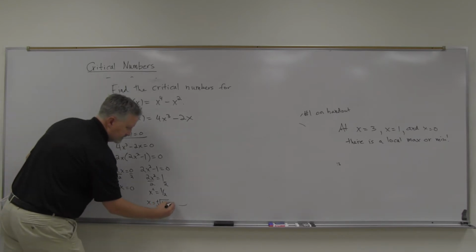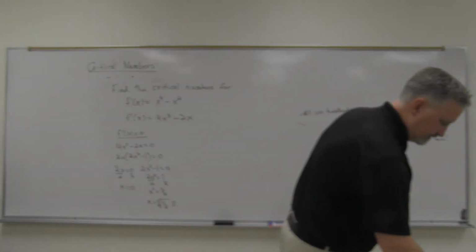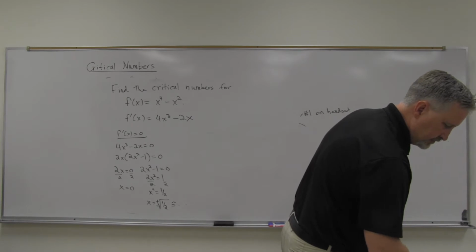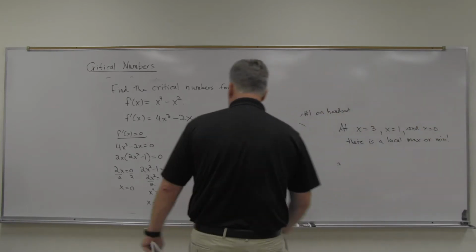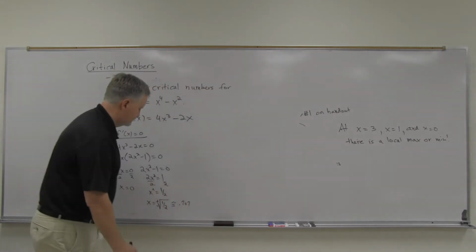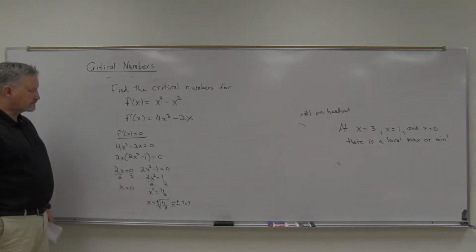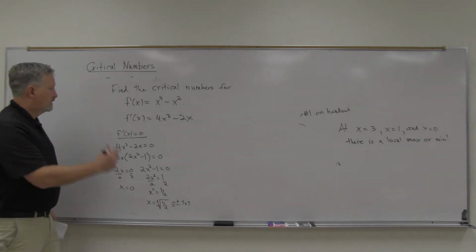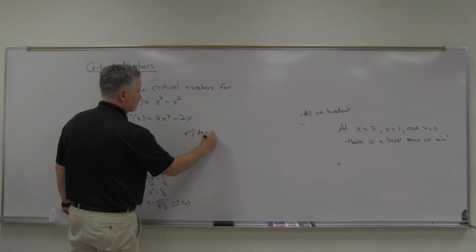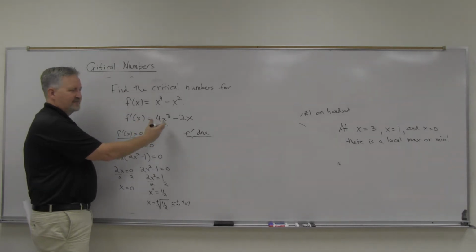Just to approximate that, what is plus or minus the square root of a half? It's about 0.707, yeah. About 0.7, plus or minus. Well, the reason I do this one too, does the derivative not exist anywhere? Well, again, since it's just a simple polynomial, there's not going to be anywhere that derivative does not exist.